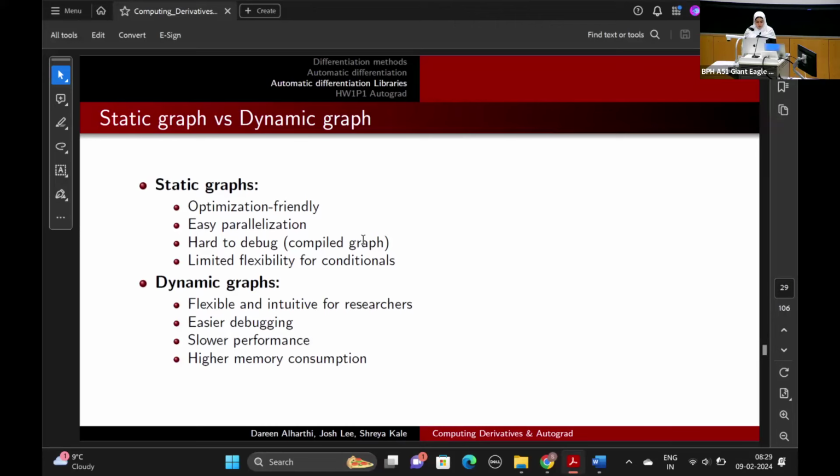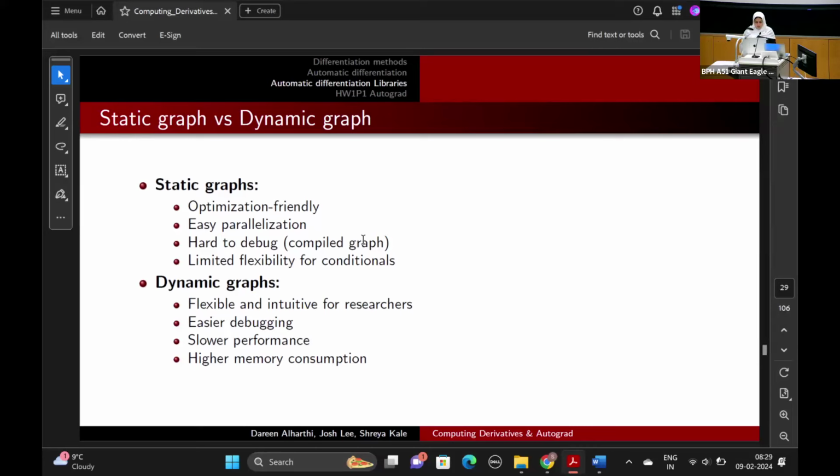Each operation is run as soon as it is defined, and the graph structure can be changed dynamically based on the data. Static graphs are hard to debug, but more efficient. The dynamic computational graphs are easier to debug. This is why PyTorch is usually used in research and TensorFlow in deployment.